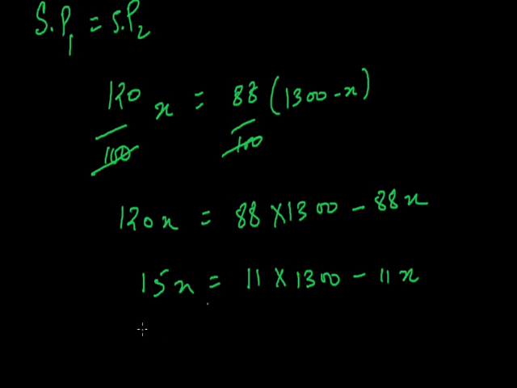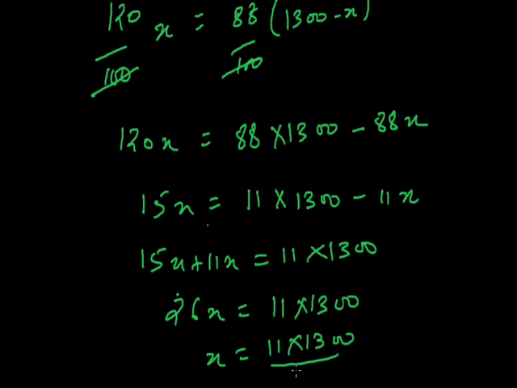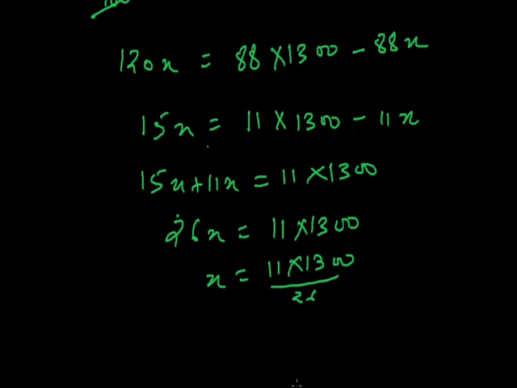So it comes out to be 15X plus 11X equals 11 into 1300. So here it will be 26X equals 11 into 1300, or X will be equal to 11 into 1300 upon 26. We calculate it, it comes out to be rupees 550.